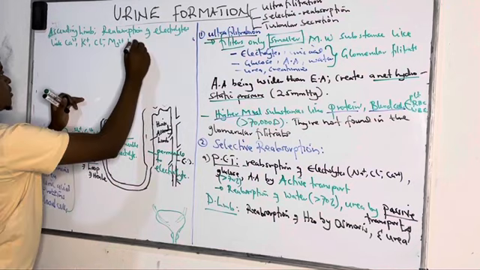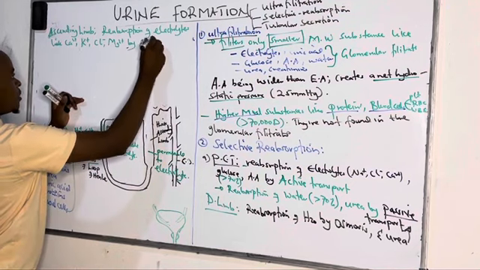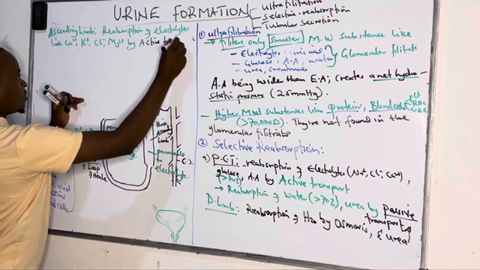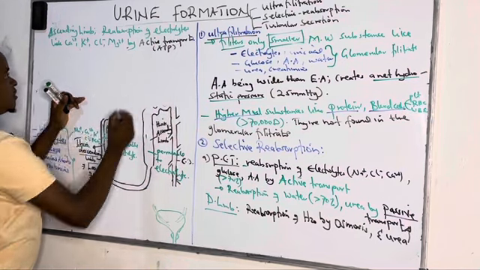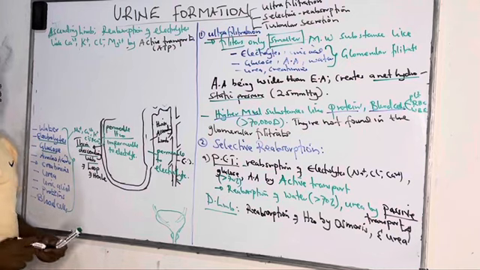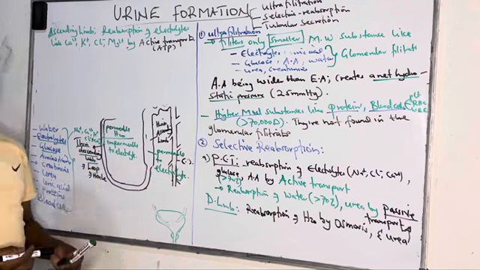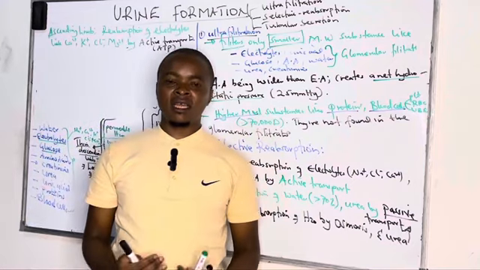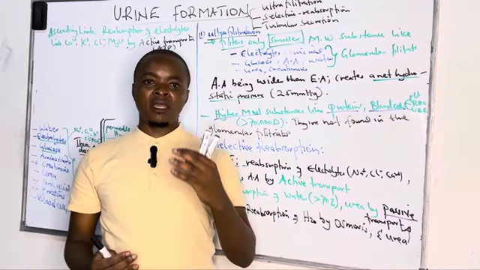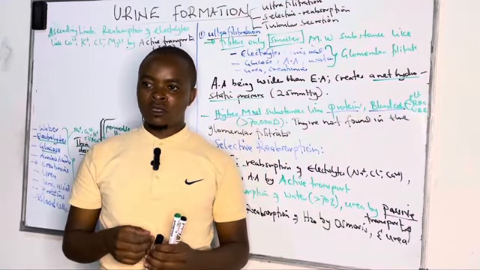This one is by active transport. It requires ATP. It involves energy in the form of ATP for you to reabsorb these electrolytes in the thick ascending limb, because we are seeing the thick ascending limb is permeable to electrolytes, but impermeable to water.